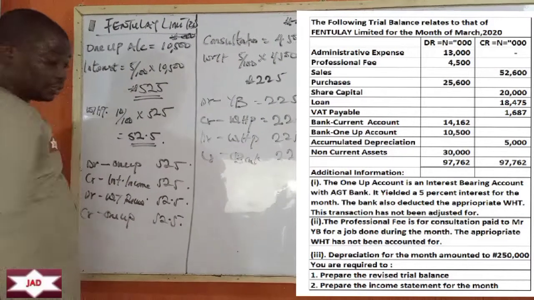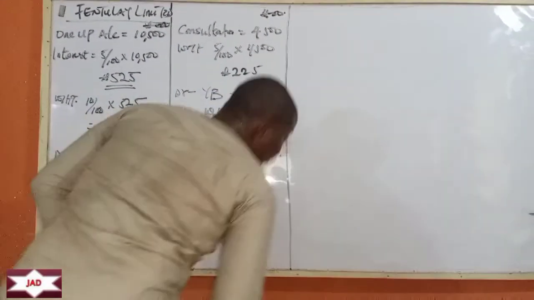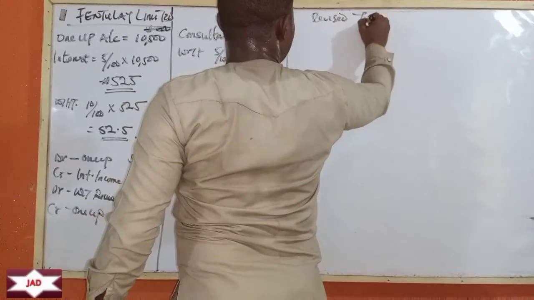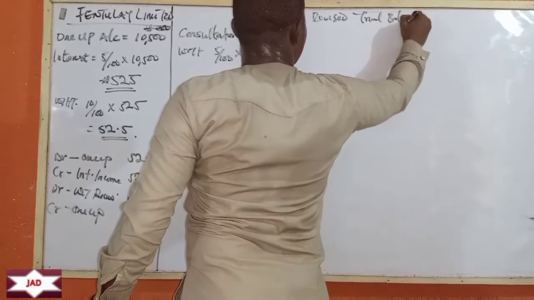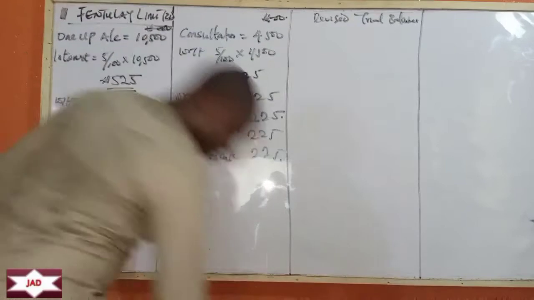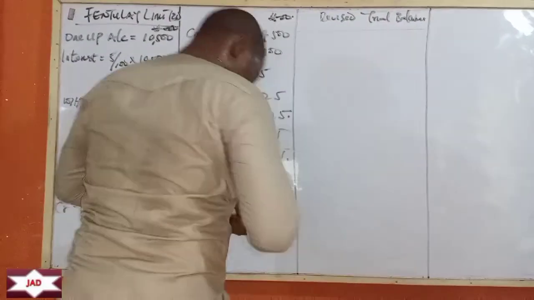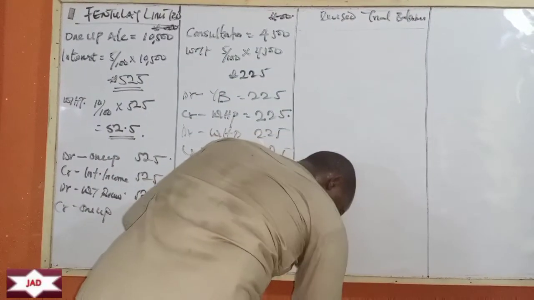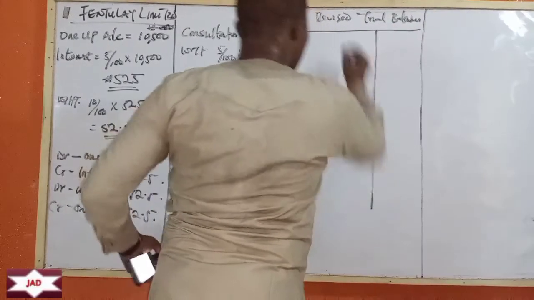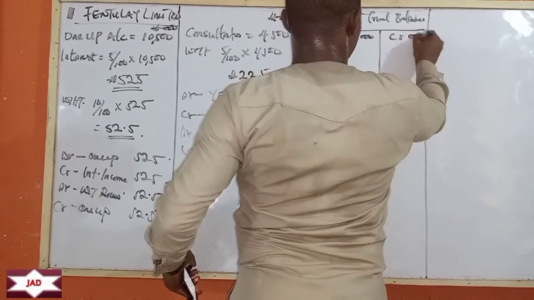So let's do the revised trial balance. This is our marker. So we have debits, we have credits, right?